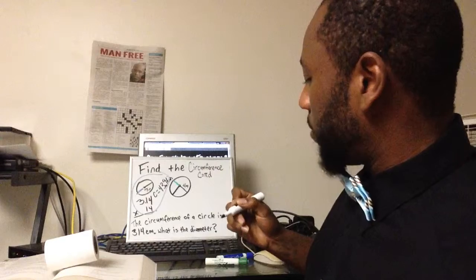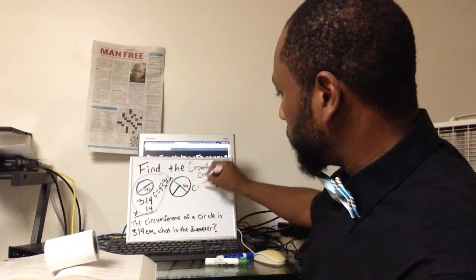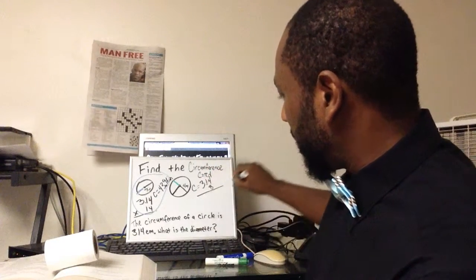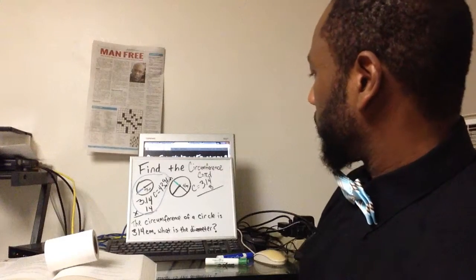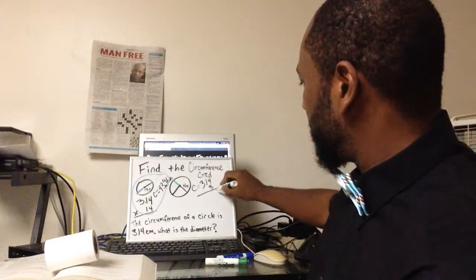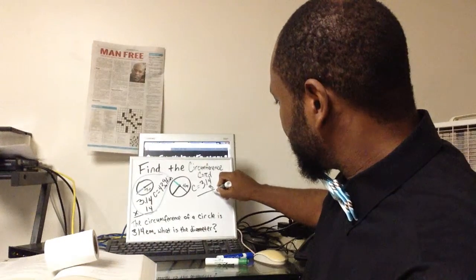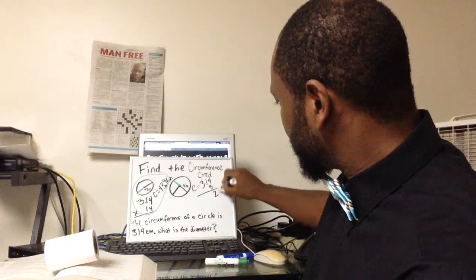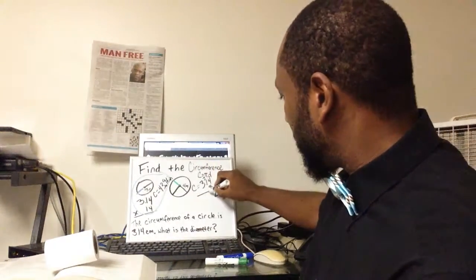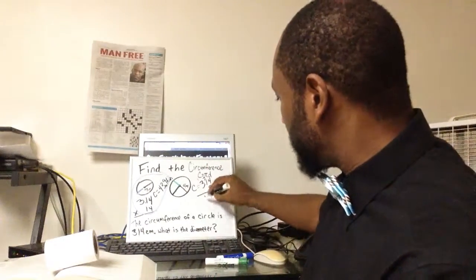And then our formula should go circumference equals 3.14 times 8. Right? And we can run through this right quick. We don't need a calculator for this. 8 times 4 is 32. And then 8 times 1 is 8. 3 more is 11. 8 times 3 is 24, and 1 more is 25.